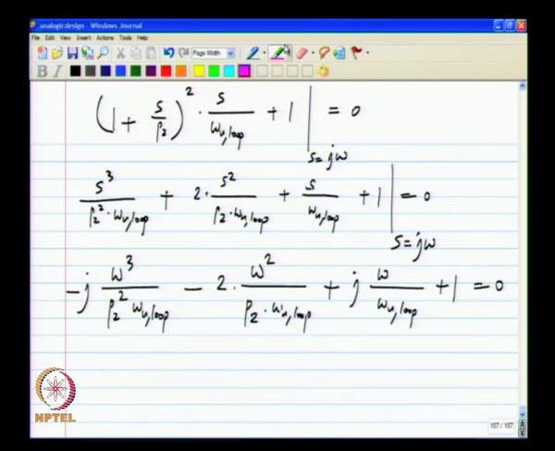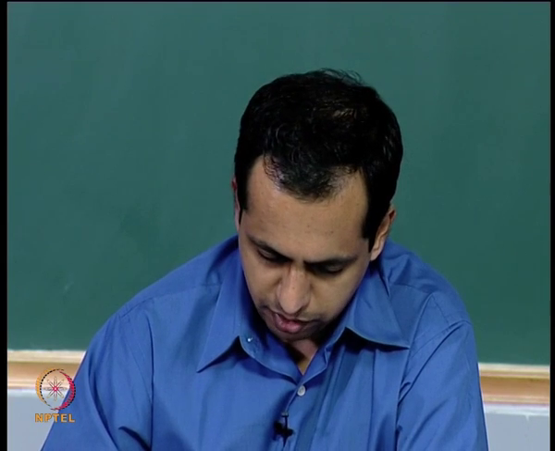As you can see there are two variables here, the value of omega for which this happens and the condition on p 2 at which this happens.